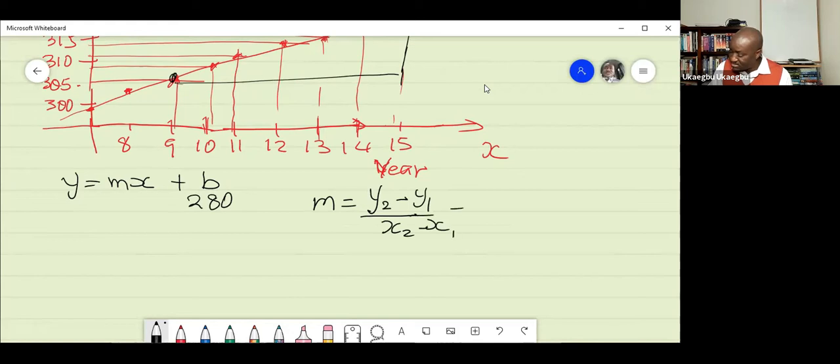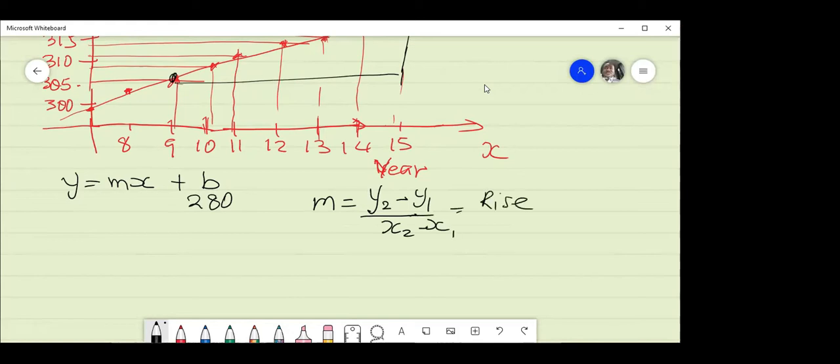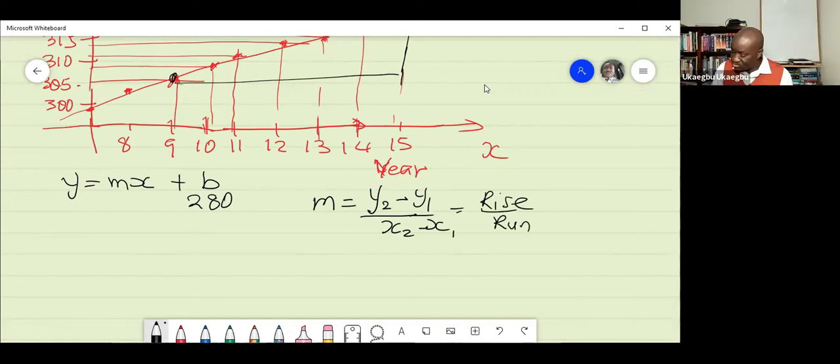Or you can say rise over run. All right, which one works best for you? So now let's just make an approximation right now and say that the slope of this graph is 2.4. This is just an approximation.